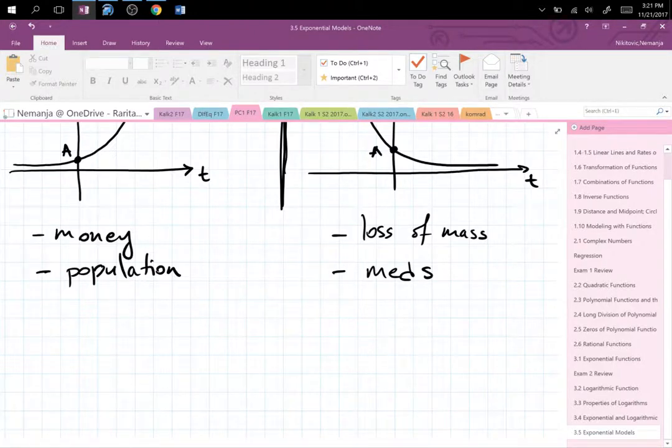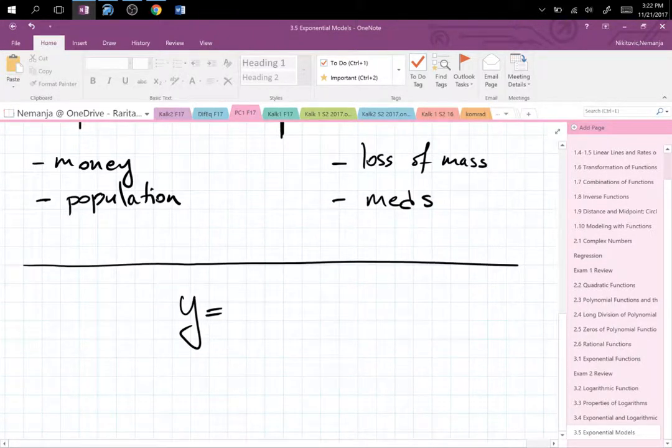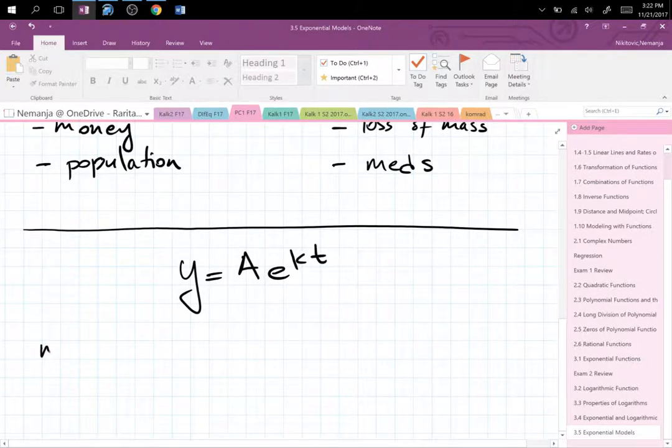So all of these problems will have the same base equation. And then we are going to use different letters to describe different situations. So the main equation is y equals a e to the k t, the one that you see in 3.1. But then we have the money equation, which is that the amount is equal to the principal e to the k t.